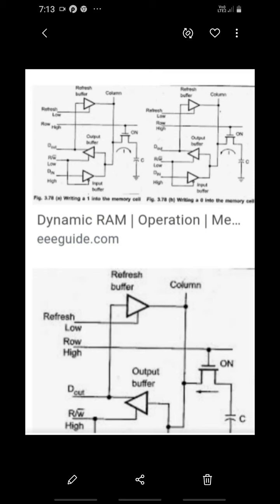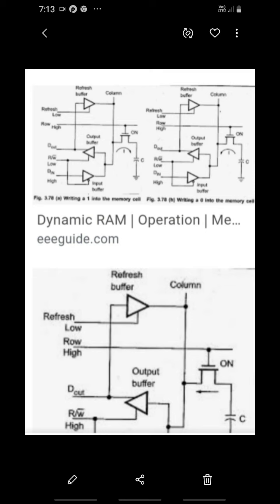Static RAM is faster in operation and dynamic RAM is moderate in operation. In static RAM, a refreshing circuit is not required. In dynamic RAM, a refreshing circuit is required to maintain the charge on the capacitor.